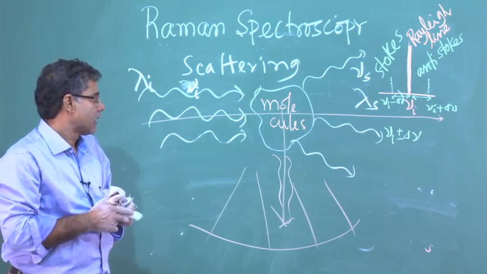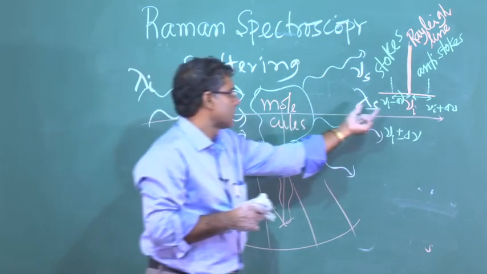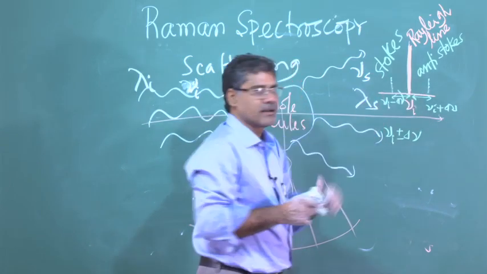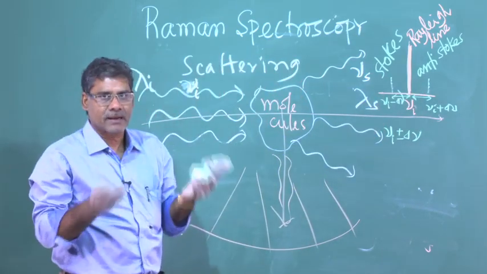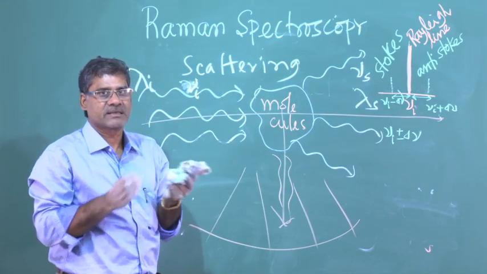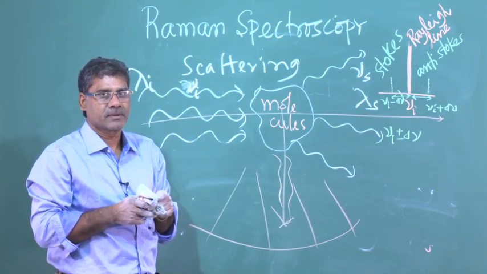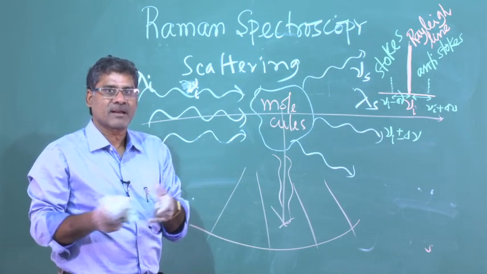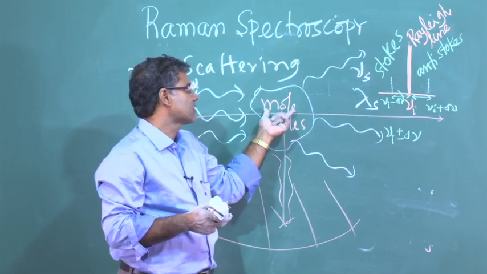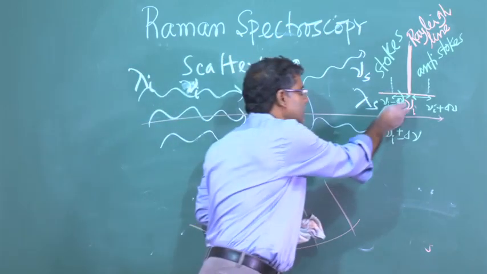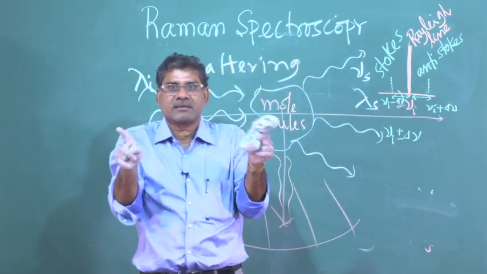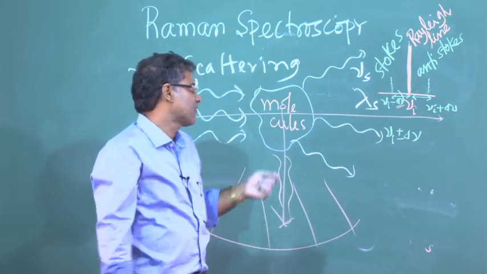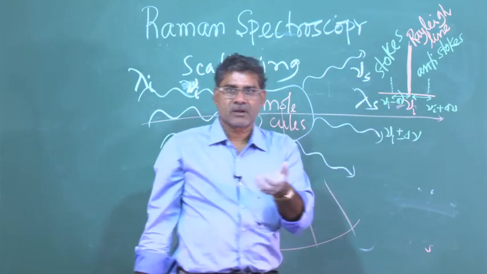You will get this kind of spectrum, which has these three wavelengths. You may have more wavelengths, but that depends on del nu, as I told you, how much it is, and that depends on the molecule.